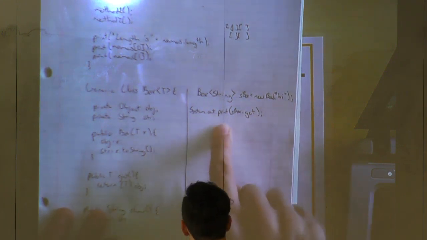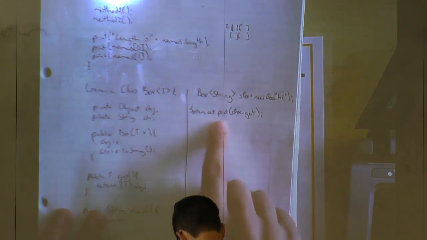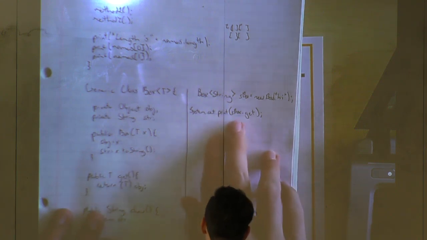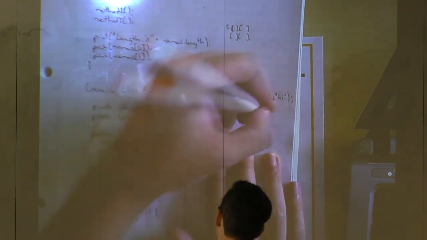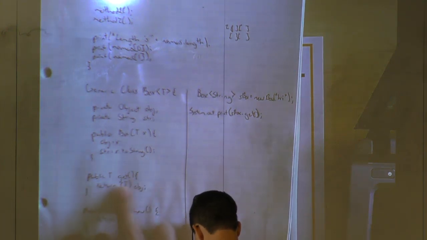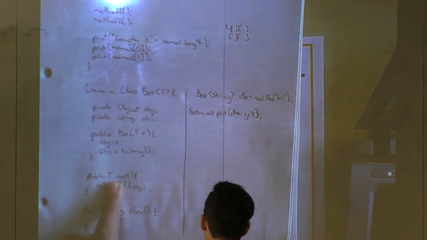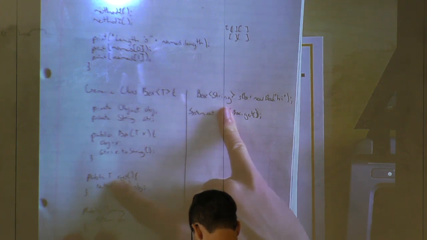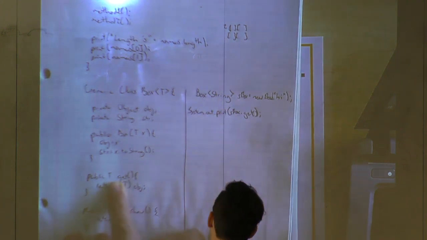So we can be pretty confident that when we call the print method and then we call sbox.get, oh, this needs parentheses, right over here, the get method returns type T, which we've set as String here. So it will return a string.